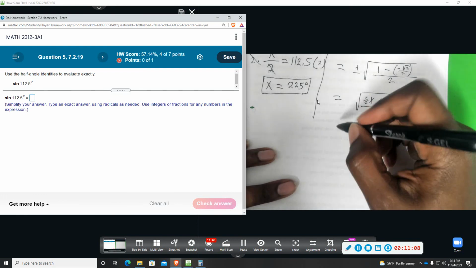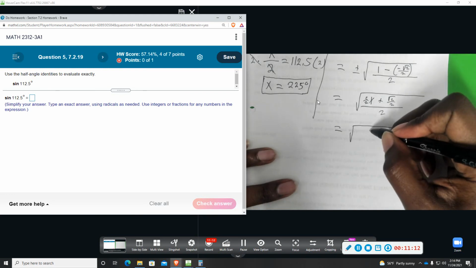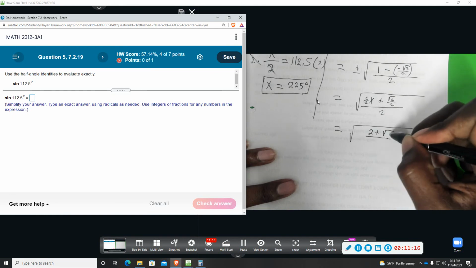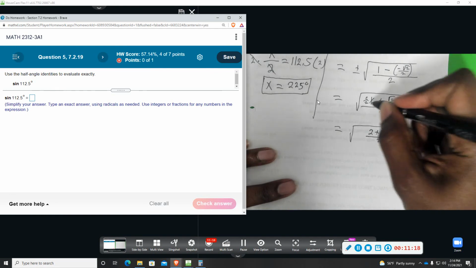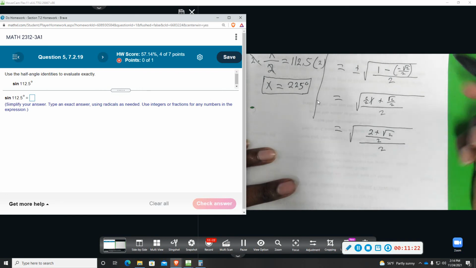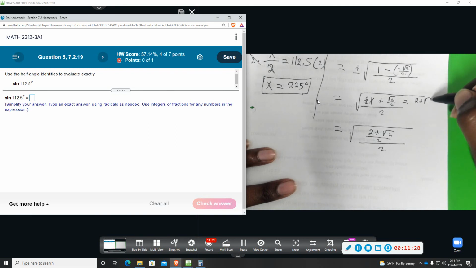We're going to write this as square root of 2 plus square root of 2 over 2. That's this 2. And then all of that is over 2. So when I did common denominator, this part right here became 2 plus square root of 2, all this under square root over 2. And then this 2 is on the bottom.